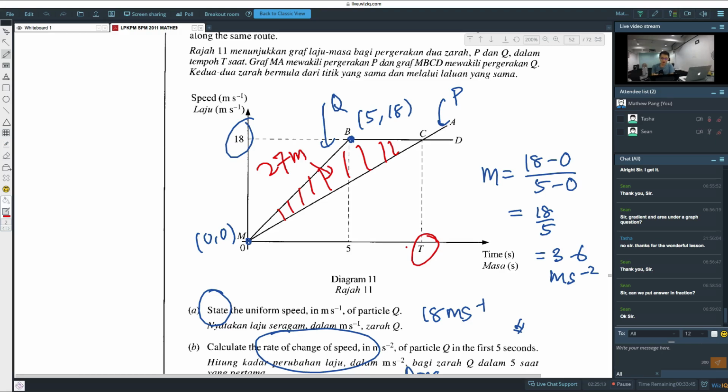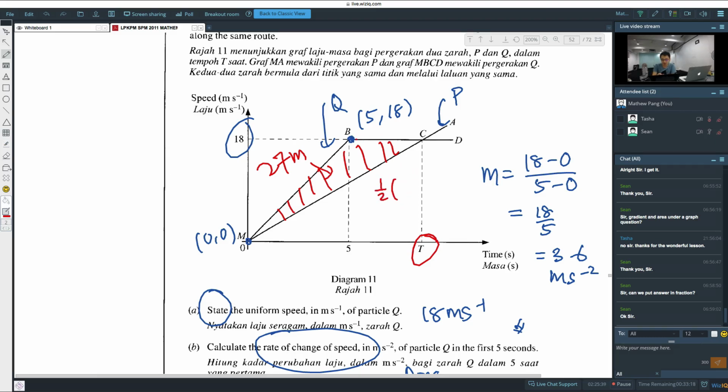The trapezium formula is 1 over 2 times (A plus B), where A and B are the two parallel lines. This is T plus this one, from B to C, which we call T minus 5, and then multiply with the height. The height here will be 18.